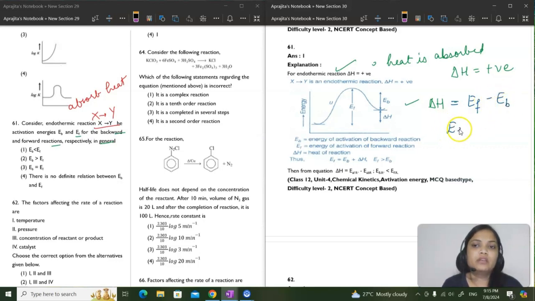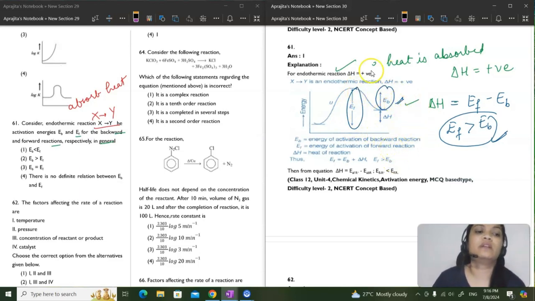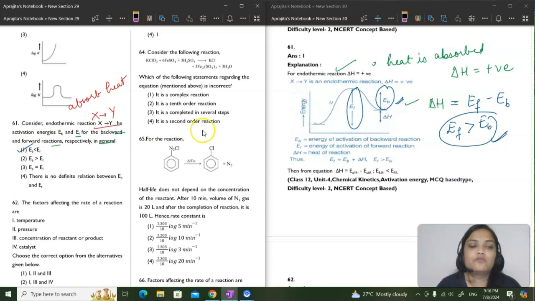So obviously here the E forward will be greater than E backward. Okay, so here you can see this is the forward energy, this is for the backward reaction. So E forward will always be greater than the E backward for an endothermic reaction. So the answer is option number 1.